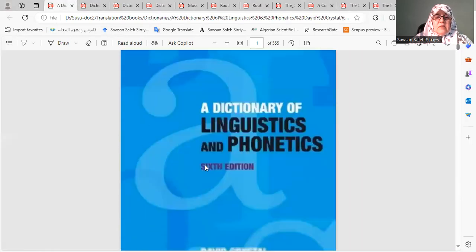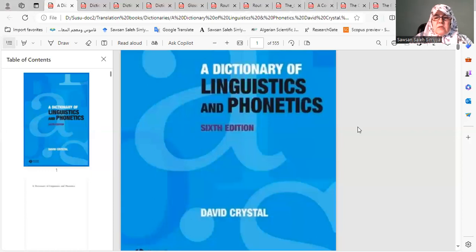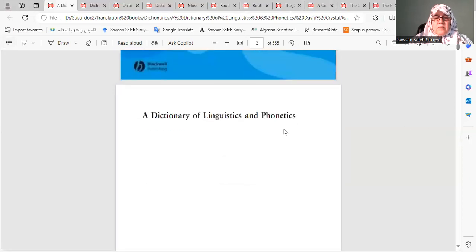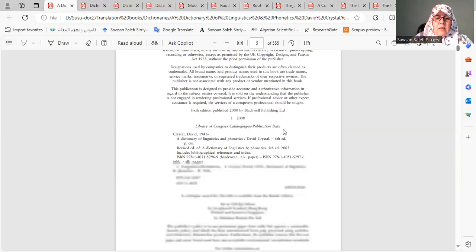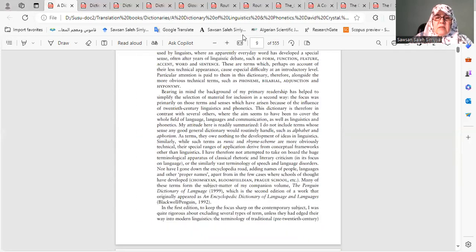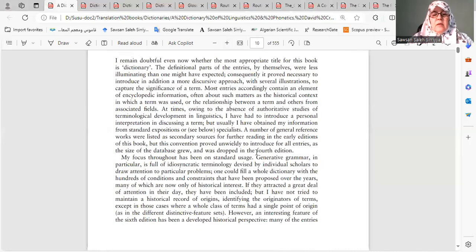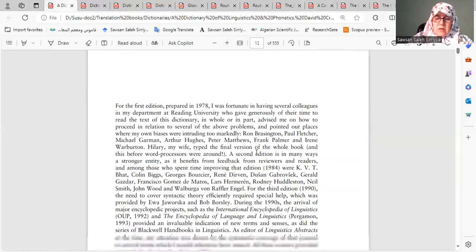Let us see here in this dictionary of linguistics and phonetics. If I go here, and keep in your mind again that they are divided alphabetically. You can look for your topic alphabetically. I mean the keywords you are looking for.